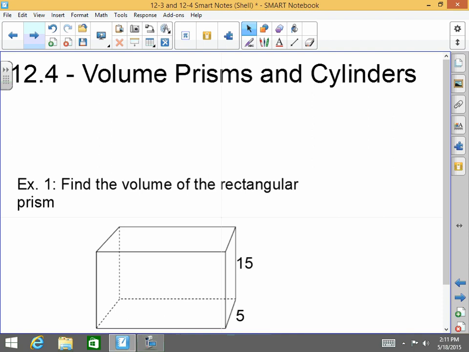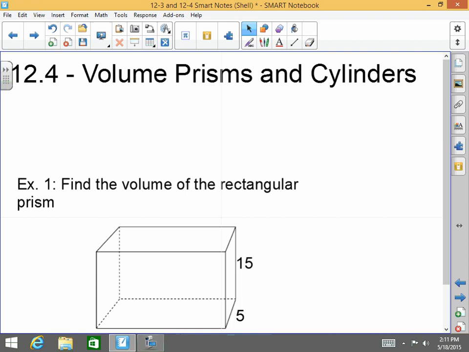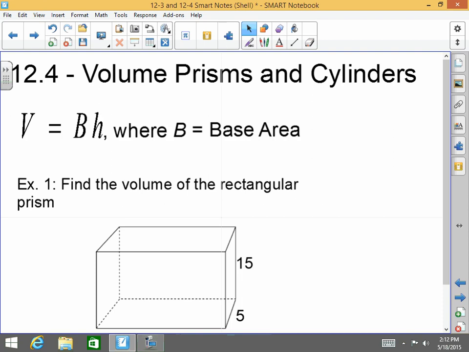Okay? That's what volume is. And volume is straight up base area times height for both prisms and cylinders. It's literally that easy. Okay? It's literally that easy.